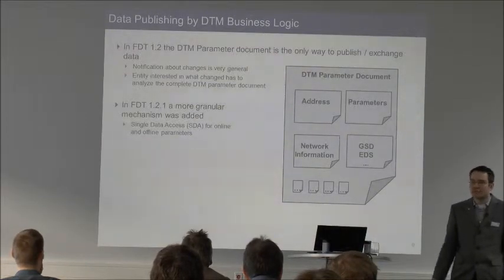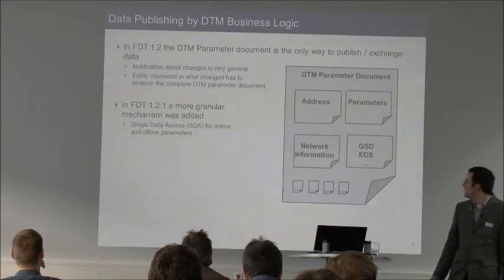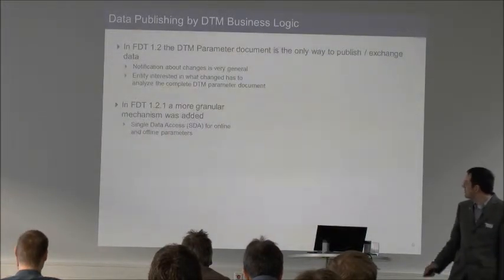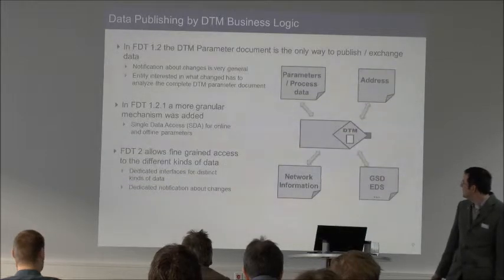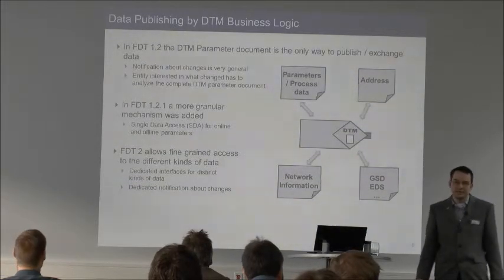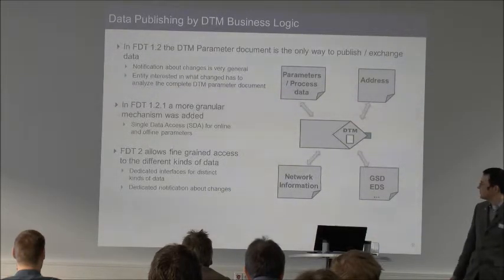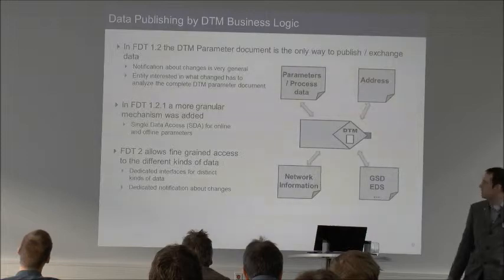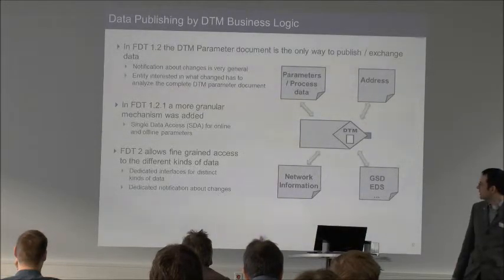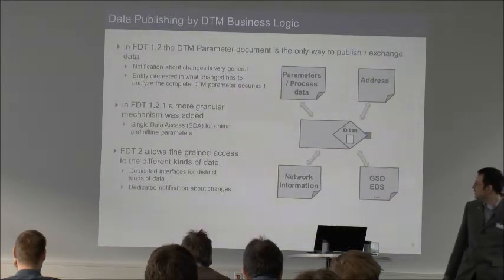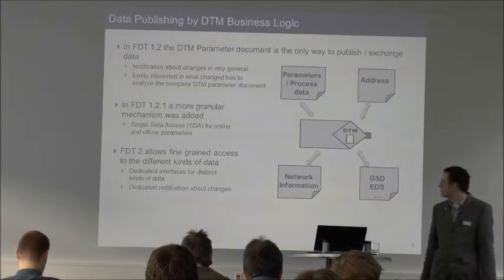FDT 1.2.1 introduced a single data interface to get access to the DTM parameters. This was enhanced in FDT2. We now have more granular interfaces. We have separate interfaces for GSD information, network information, address information, and so on. And we also have dedicated events or notifications about changes.